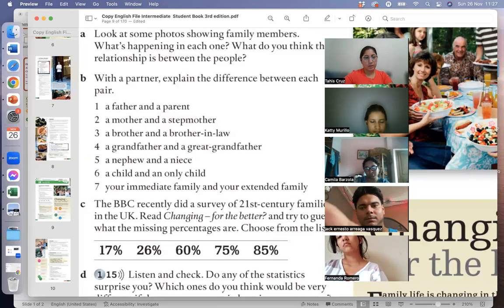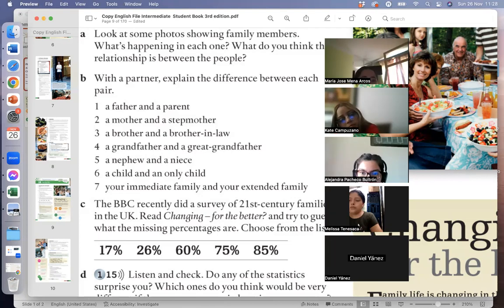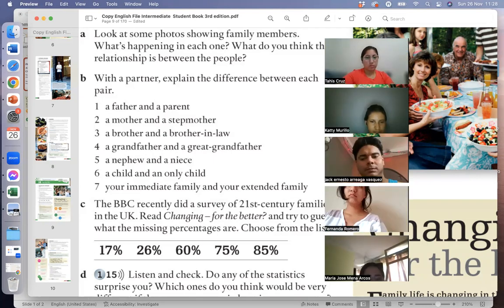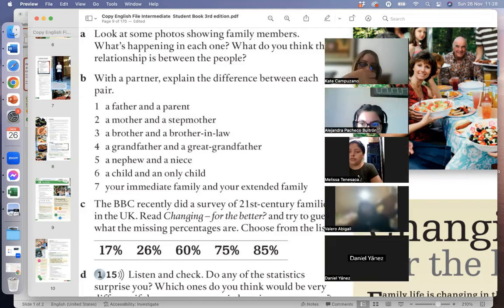Grandfather and great-grandfather. Camila. Okay. The grandfather is the father of my father.